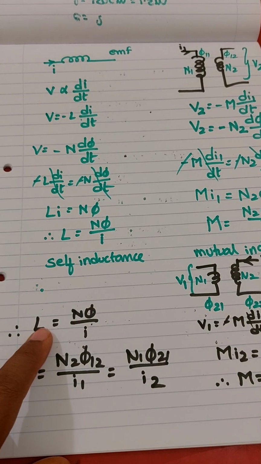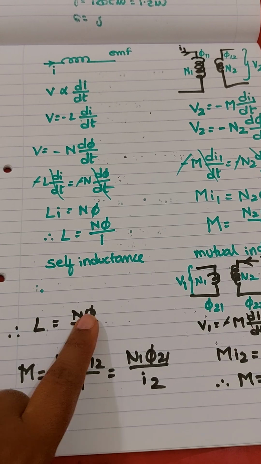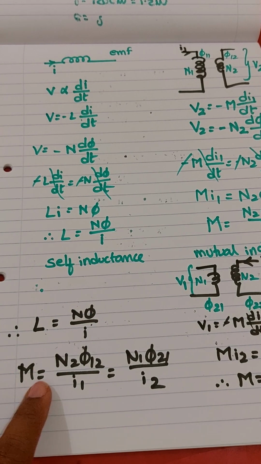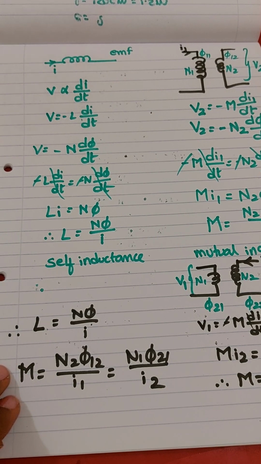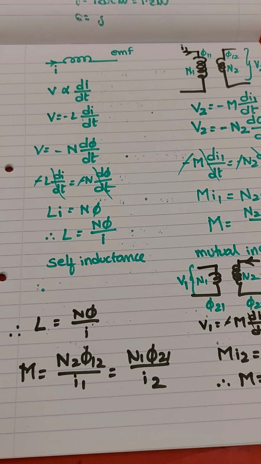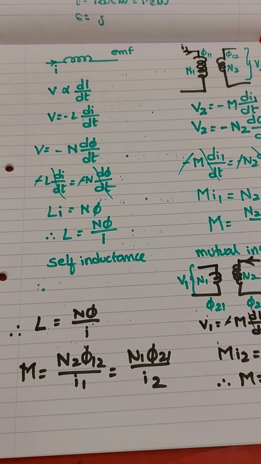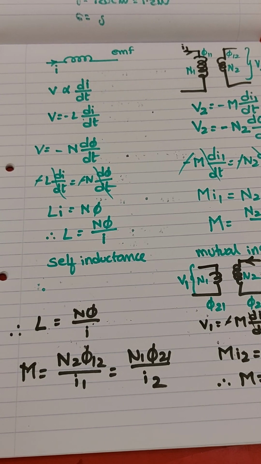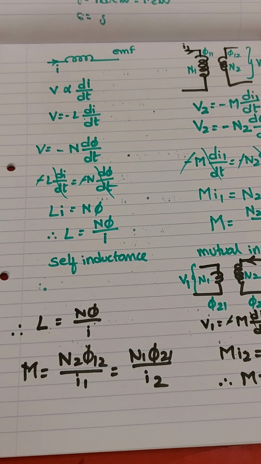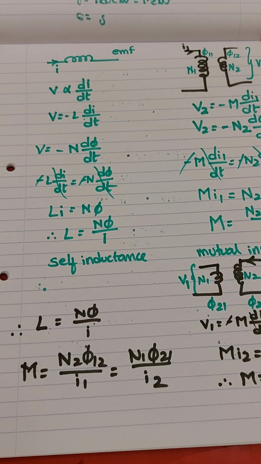When a single coil is there, I will use self inductance. When there are two coils, I will use mutual inductance. So these are self inductance and mutual inductance. Let me try to do a problem on this formula.